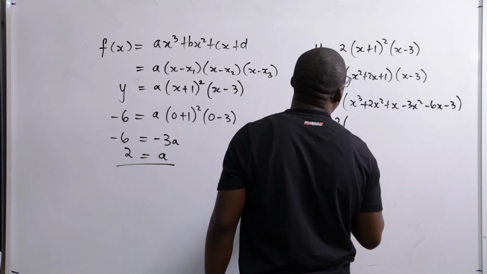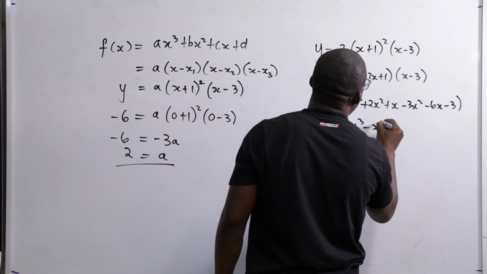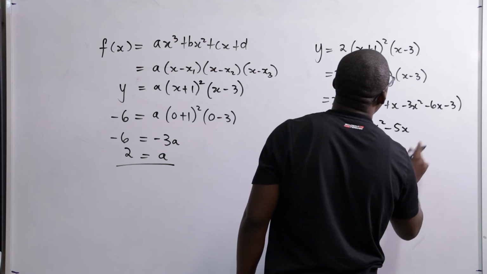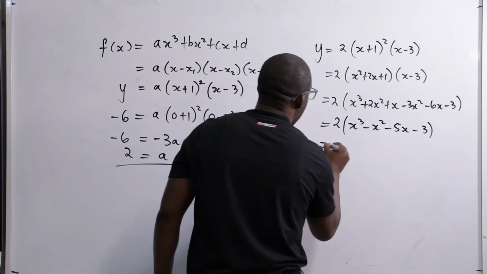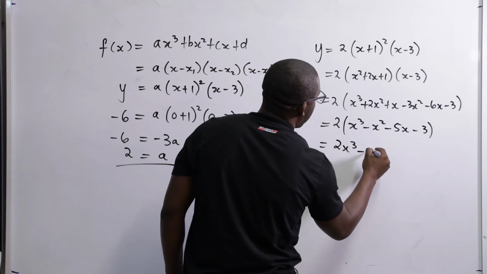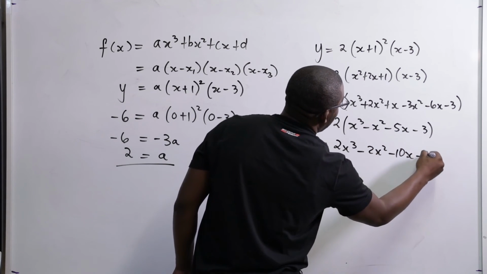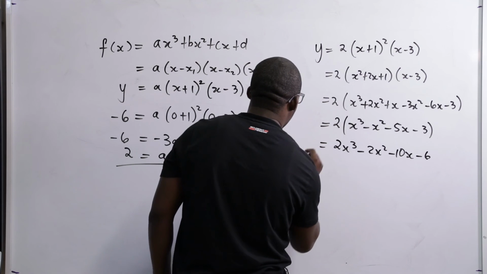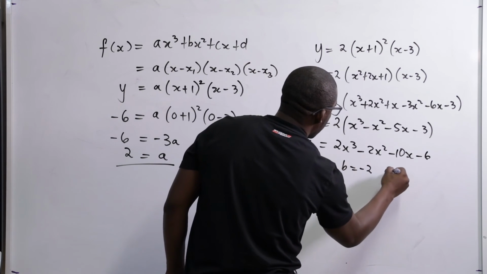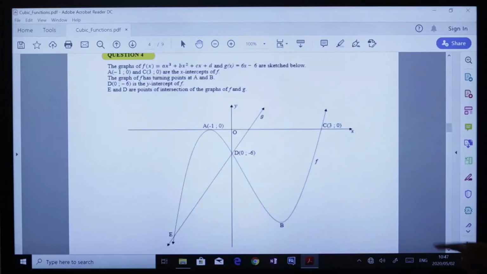Collecting like terms in the brackets, 2 times x cubed minus x squared minus 5x minus 3. Distributing the 2 inside, we'll get 2x cubed minus 2x squared minus 10x minus 6. Therefore, a is equal to 2, b is equal to minus 2, c is minus 10, and d is minus 6, as was required.